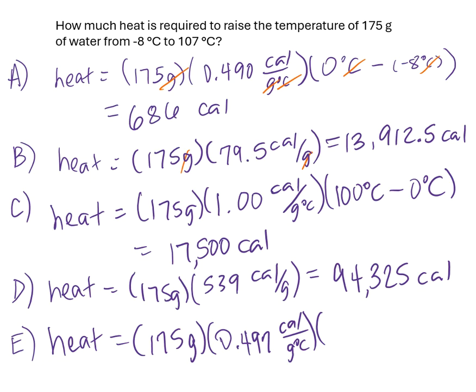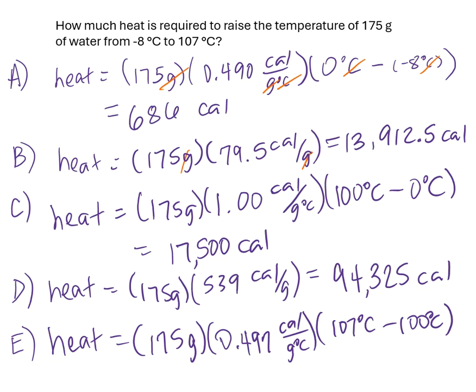Again, in order to enter the gas phase, we were at 100 degrees Celsius, but the problem asked us for the final temperature to be 107. So that's going to be our final temperature, 107 degrees Celsius. Our initial temperature is going to be 100 degrees Celsius. The key thing is remembering that because we're dealing with different transitions, even though the problem started at -8, your change in temperature is based on which phase you're in.